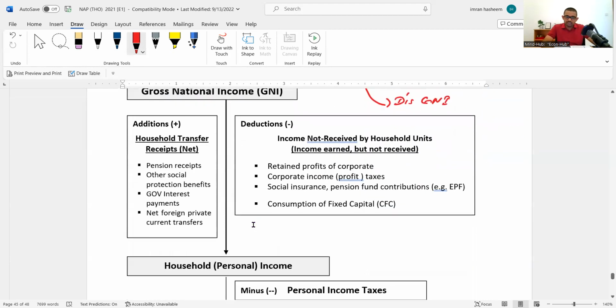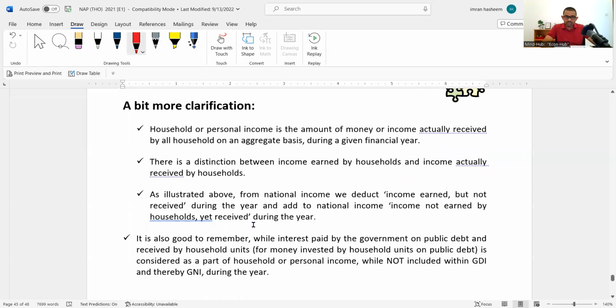Also in this area, in your study material, I've given a really good explanation and clarification on these concepts called disposable income and personal income, and what is the logic behind why we add certain things to national income when we calculate household income, and what is the logic behind certain things we deduct. Are we clear? So that whole area we have discussed.